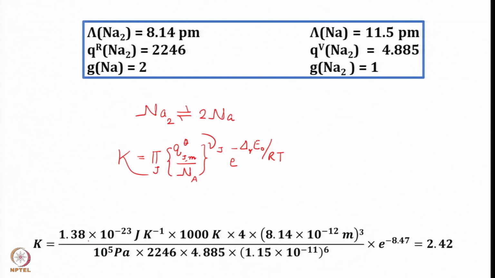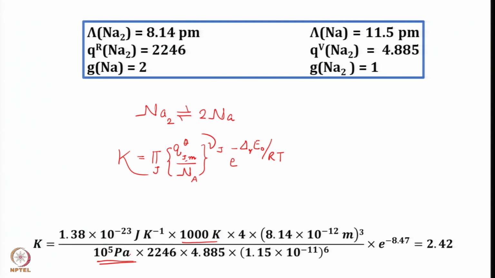the various numbers at 1000 Kelvin, P naught, you see here, when you solve the numerical problems, make sure that you are using the appropriate units. If you do not put the appropriate units, your final answer is going to be wrong. The given pressure P naught is equal to 1 bar, and then you have converted 1 bar into pascals, 10 to the power 5 pascals.